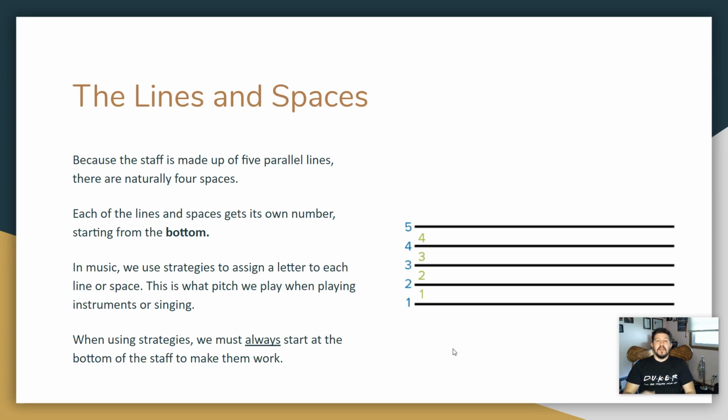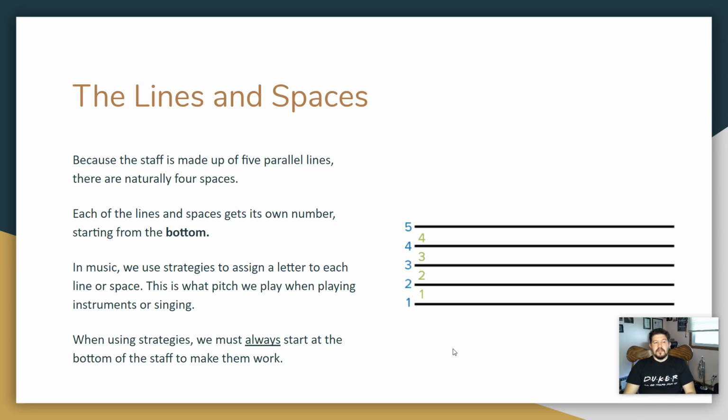That means that we are going to have an easier time speaking to musicians in other places. So starting at the bottom, the first line is number 1, the second is number 2, etc., etc. The same thing goes for the spaces. The first space is the bottom space towards the bottom of that staff.